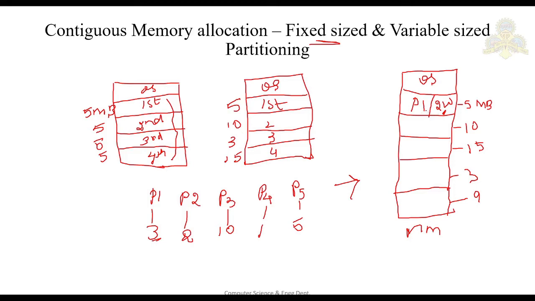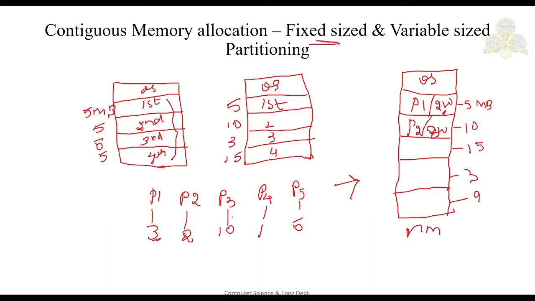So each fragment or each hole can contain only one process. Getting it? That's why process P2 would be kept in the next fragment, or hole. The size of this fragment is 10 MB and P2 requires only 2 MB, so 10 minus 2, that means 8 MB is wasted by process P2.